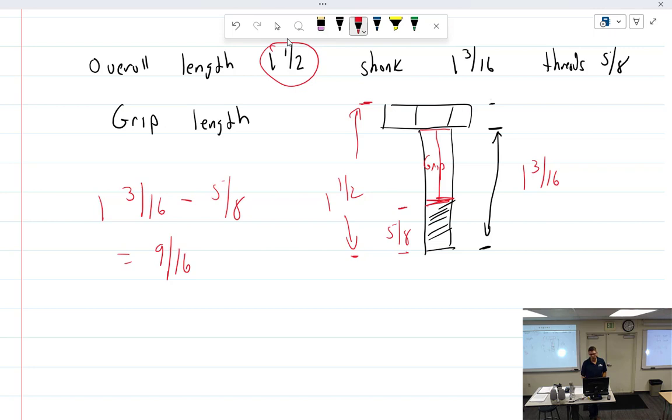If you remember, we only measure the shank. So the answer would be 9/16, and that's the answer I wrote down. What is that as a decimal? Because maybe the answer's in decimal. 0.5625, and you just did second FD.